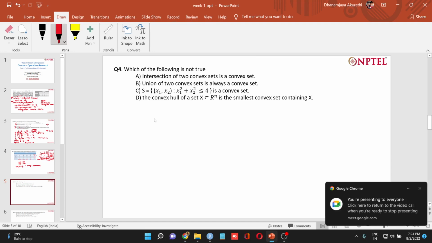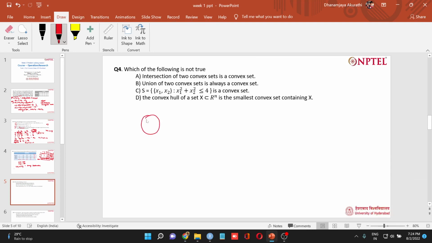In a diagram, the intersection is this region. If we take any 2 points and join them with a line segment, that line is also contained in this set only. So the intersection of two convex sets is a convex set, which is true.